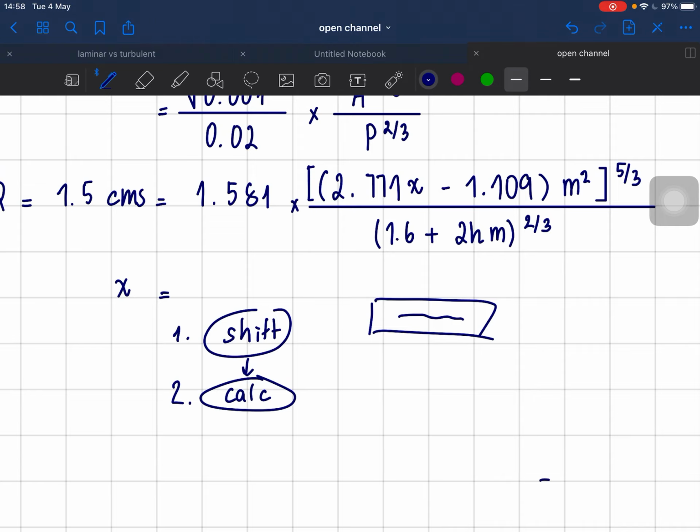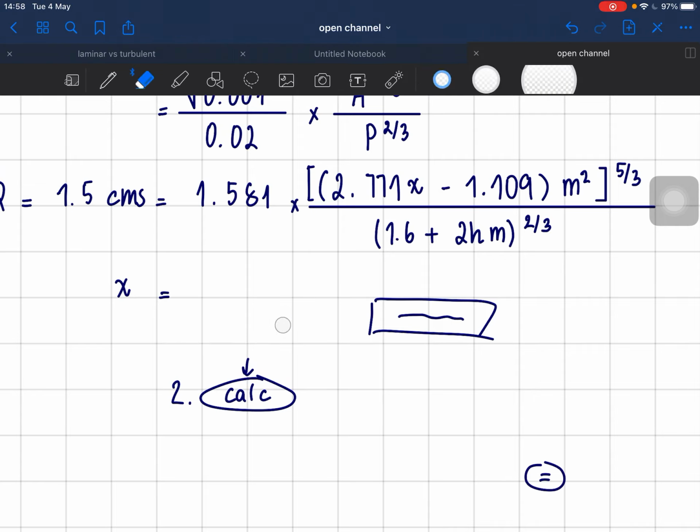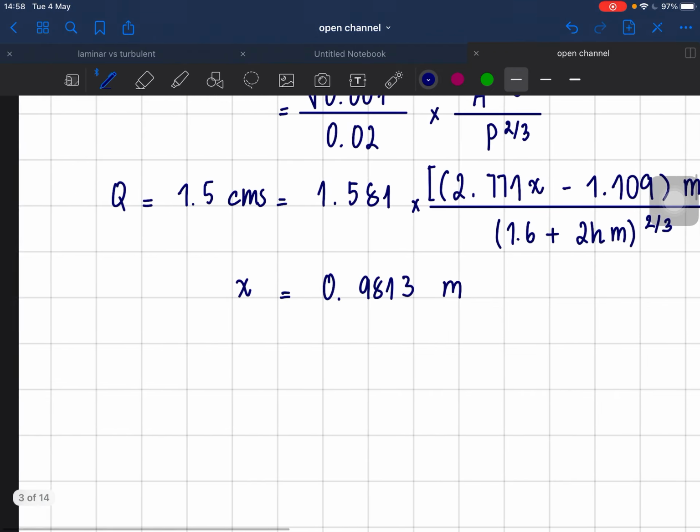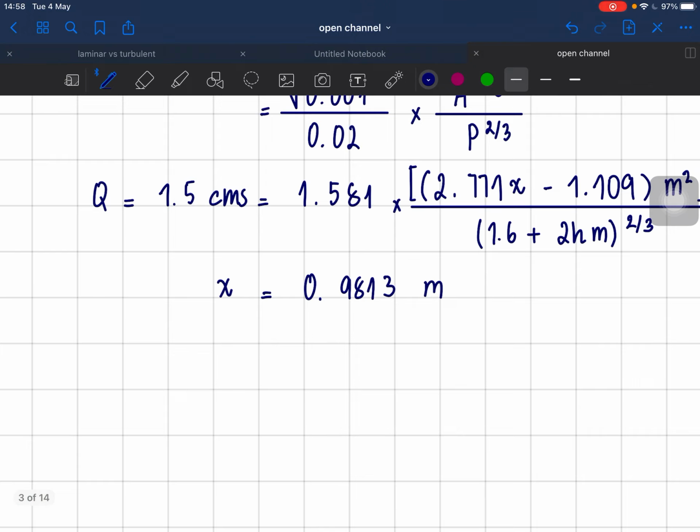You need to click on the equal button again, and you can wait around 5 or 10 seconds. It's actually quite longer than that, so let's not waste our time. The H here that I got is 0.9813 meter.